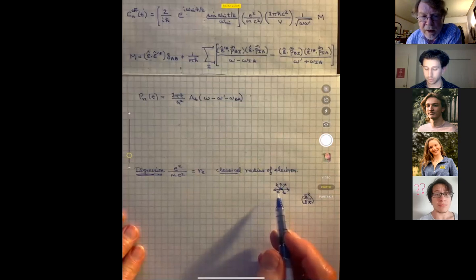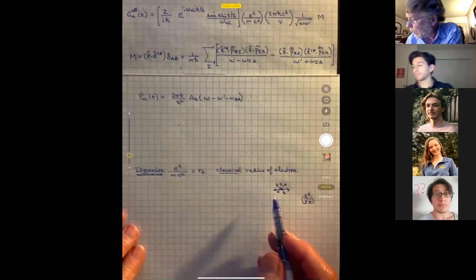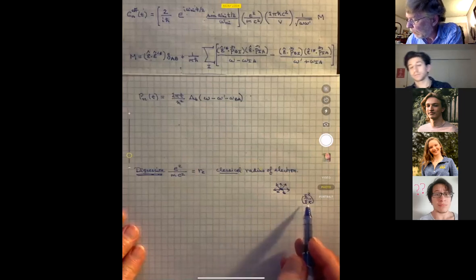And this is a severe interpretational difficulty in classical electrodynamics. In fact, it's usually understood that this is a difficulty that cannot be resolved in classical electrodynamics. It requires quantum mechanics and renormalization theory to make sense of this. But in any case, it troubled people even before the advent of quantum mechanics.